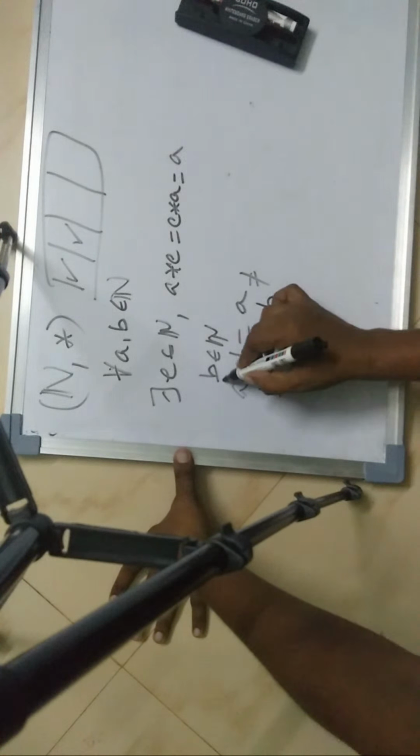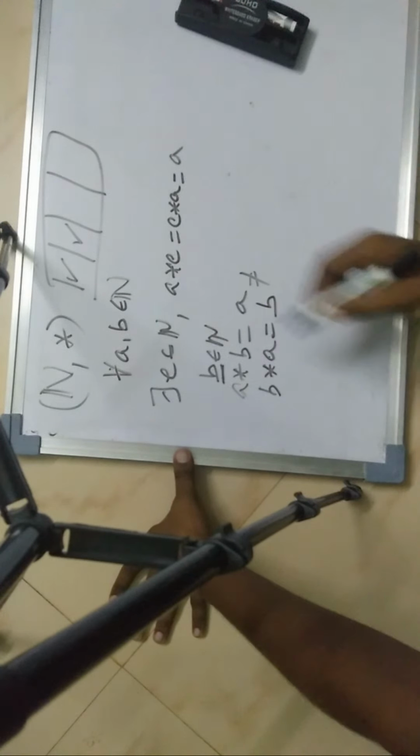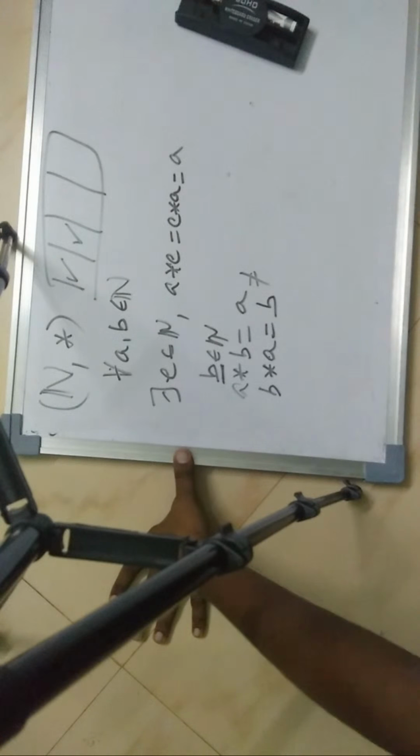And hence, we can choose this B to be any given natural number. These two are not going to be equal if you choose A and B not equal.